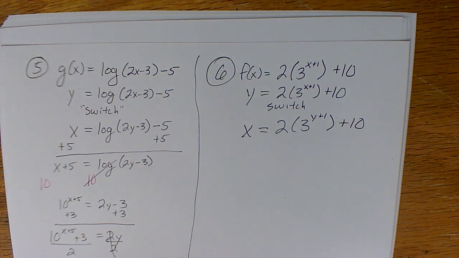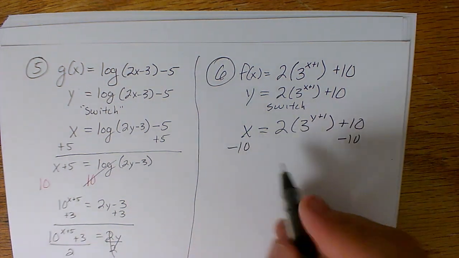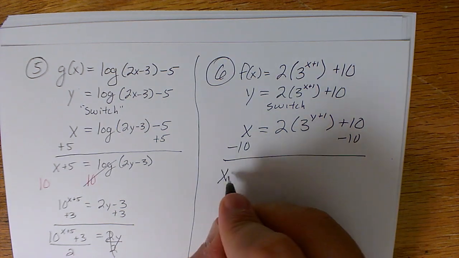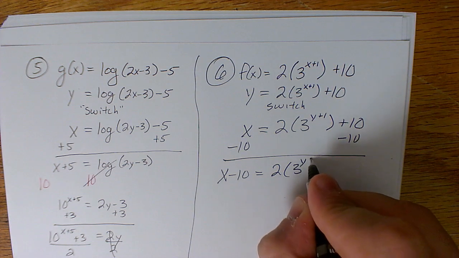So before we can do anything to get rid of the 3 and the y, we've got to get rid of the 2 and the 10. So the next step, we're going to subtract 10 from both sides. So we'll have x minus 10 is equal to 2 times 3 to the y plus 1.